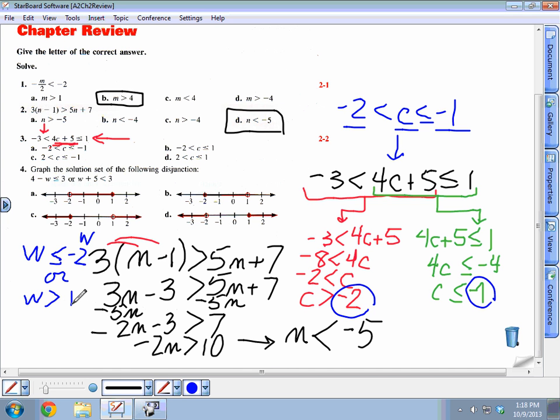Wouldn't that be what the graph of C is? Okay, so by looking at these graphs, I can eliminate a couple of them, because if I look at B or A, I'm looking at probably a conjunction, right? Because it's saying and, it's here and here. So let's take a look at what we can really figure out from these.